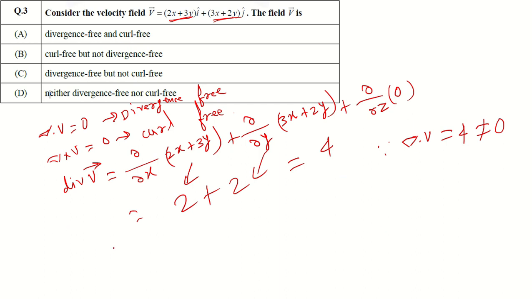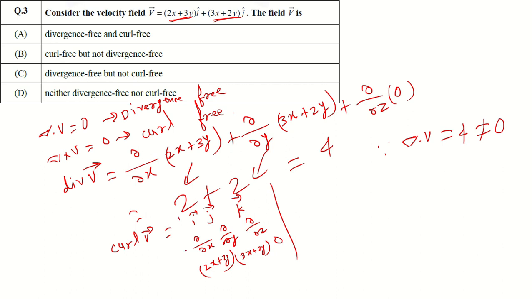Now curl V is equal to the determinant of i j k, dou by dou x, dou by dou y, dou by dou z, and 2x plus 3y, 3x plus 2y, 0. So this is the vector.